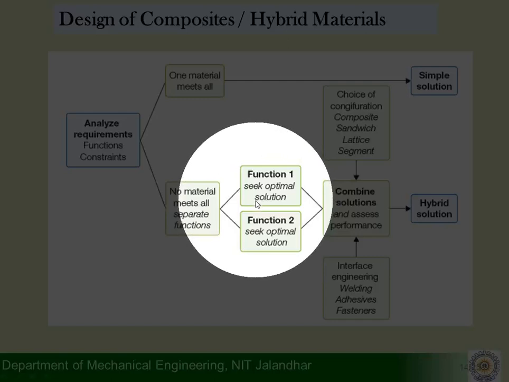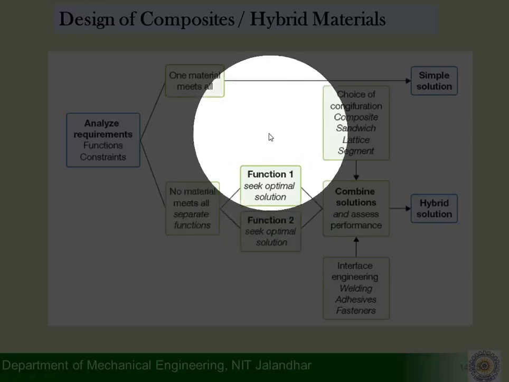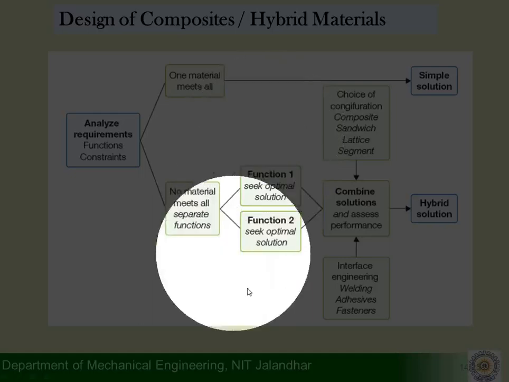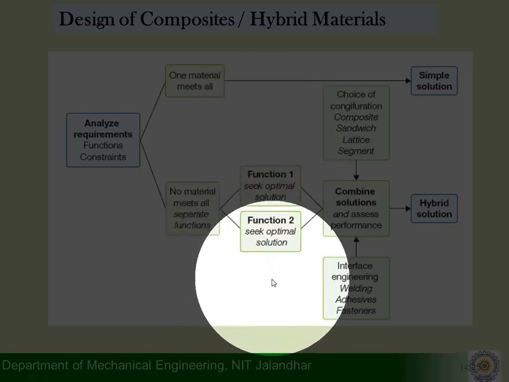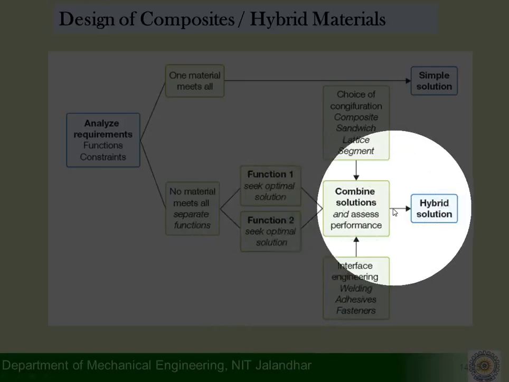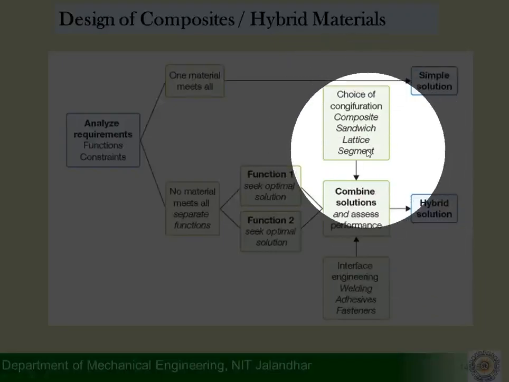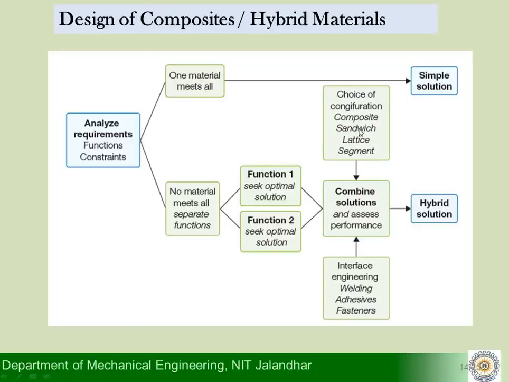The example which I always give is of a GFRP composite, where the glass fibers are very good in function 1, like stiffness, having very high stiffness, and the matrix may be a polymer matrix which is very good in function 2, that is having very good toughness. So when I put them together, a hybrid solution may be achieved. Similar things can be said about various configurations here: sandwiches, lattice, and segmented structures.